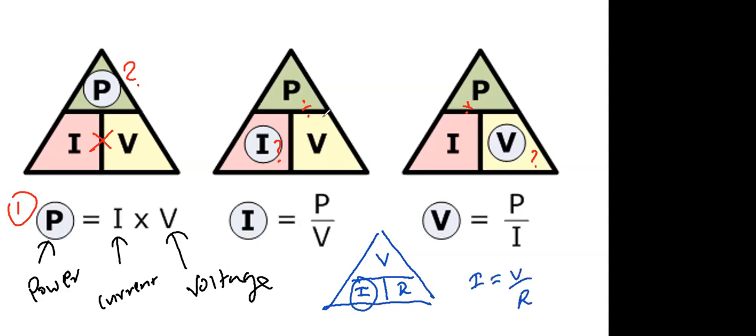Understood? You can easily remember this. So this V equals IR equation is very important. You can check here, I equals V divided by R.